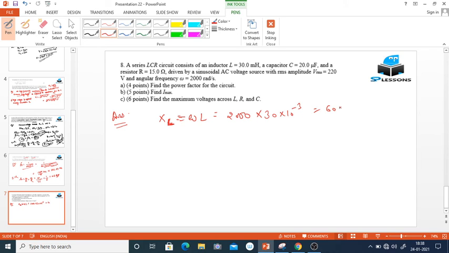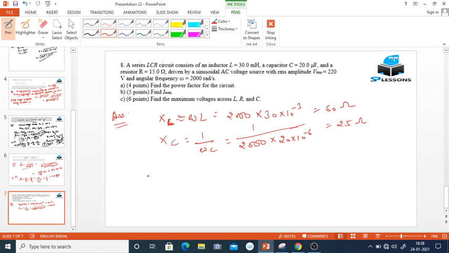You can solve it: 60 ohm. XC is equal to 1 upon omega C, that is 1 upon 2000 multiplied by C, where C is 20 multiplied by 10 to the power minus 6. We can solve and write 25 ohm.